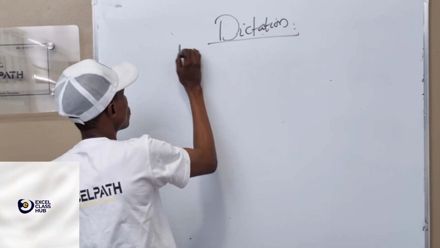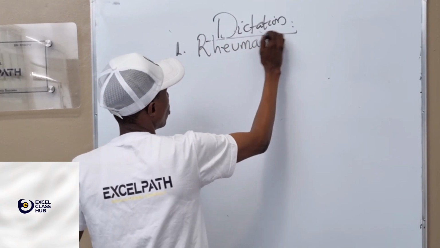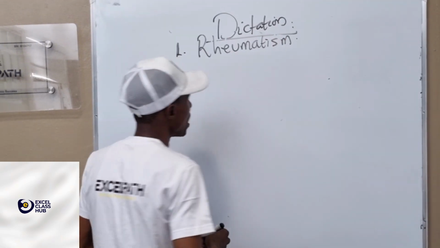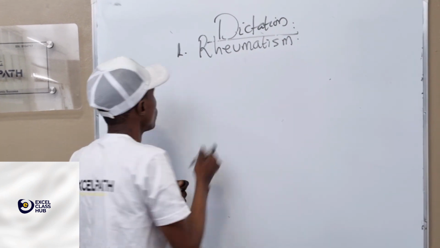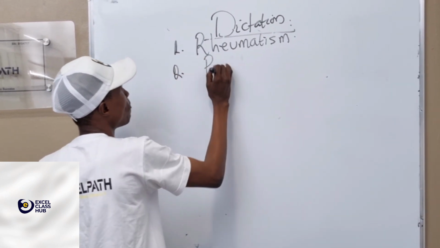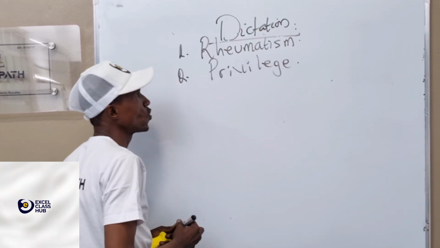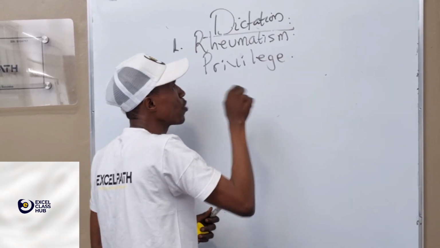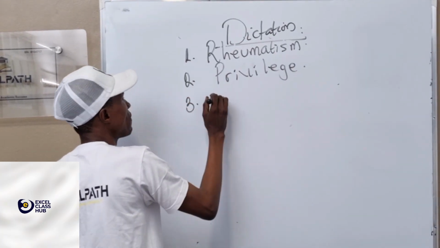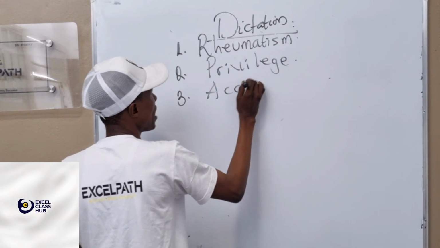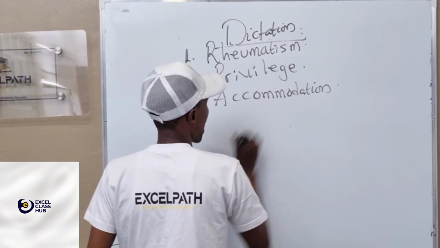Number one, you take note of the spelling of rheumatism. If you check your past question very well, you see this there. You get the spelling of privilege. Please take note that your privilege does not carry what? Does not carry D.